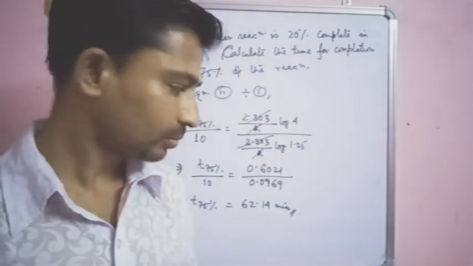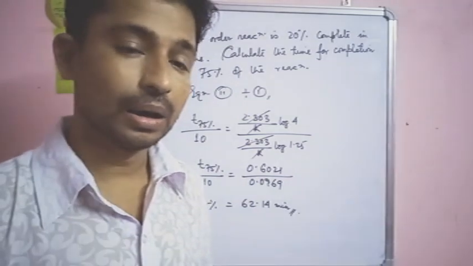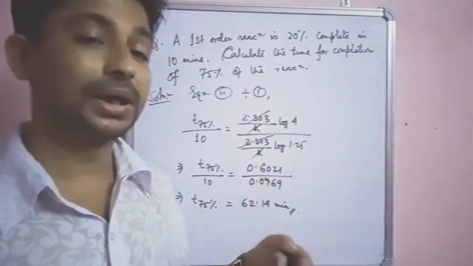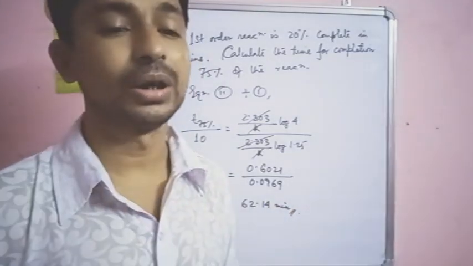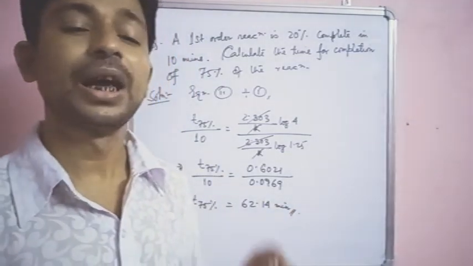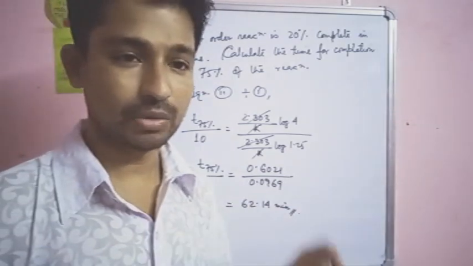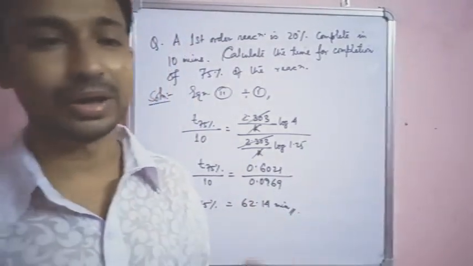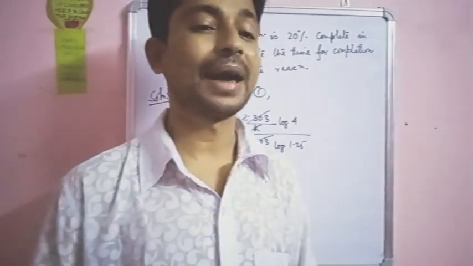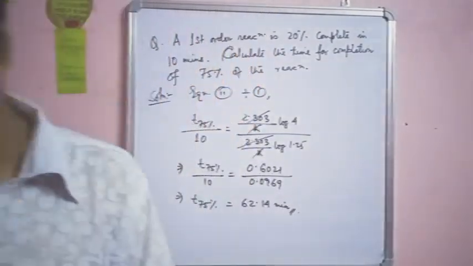So don't worry. Whatever values you will be using in your examination hall, that will not need any electronic gadgets, means calculators or anything in the examination hall. So the calculation we can do by hand. Okay. So next see another question.